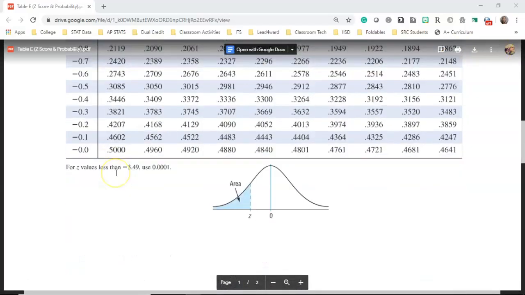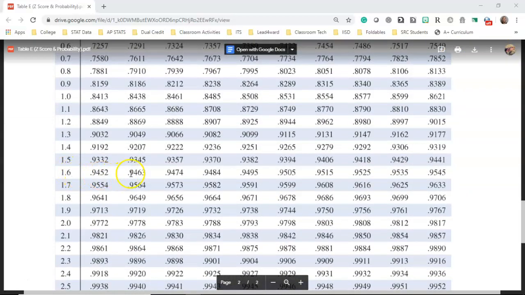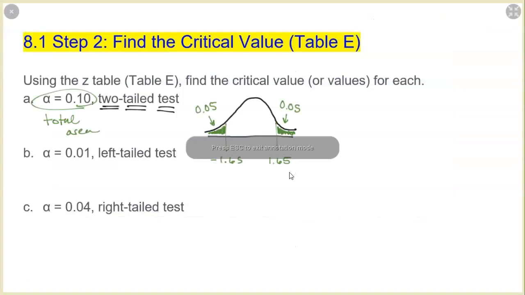So if I go to 1.65, this would mean that 0.95 or 95% of the area is below this z-score, which means 5% is above it, which is what we have here.